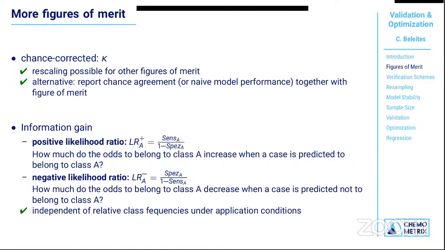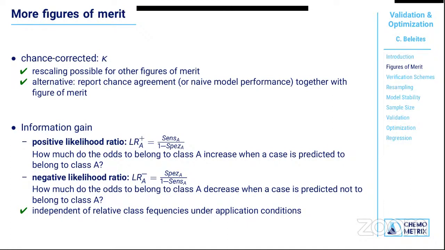There are 2 more figures of merit that I'd like to mention here because they are very handy in judging what your method is doing, because as we've seen, very nice looking sensitivity and specificity actually may still lead to a situation where the positive predictive value or the negative predictive value, depending on how you set up your test, is actually not that great.